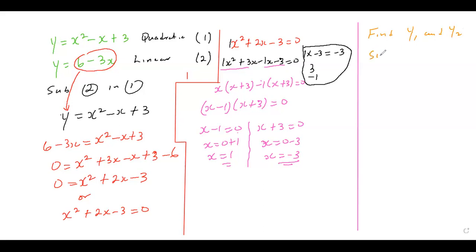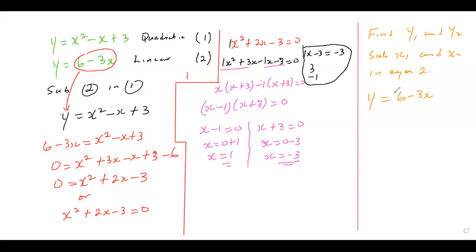So we substitute x1 and x2 in equation 2. What is equation 2? Y equals to 6 minus 3x, right?